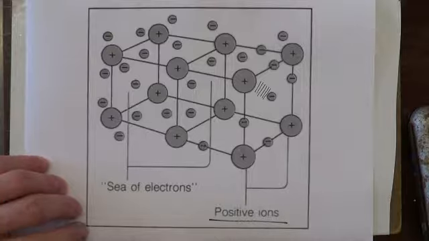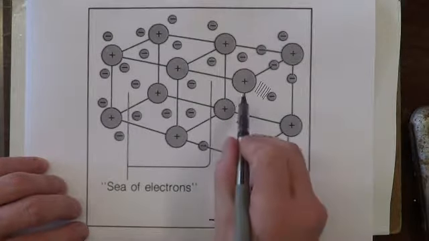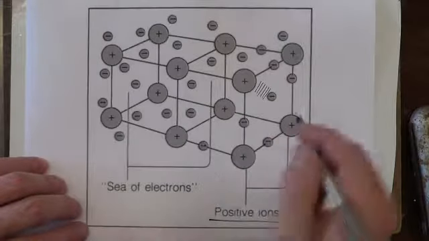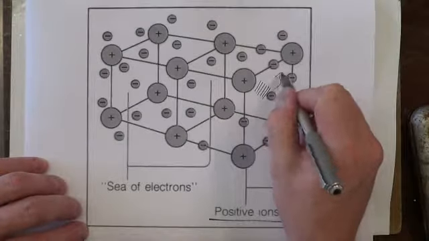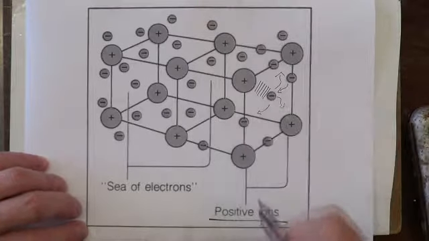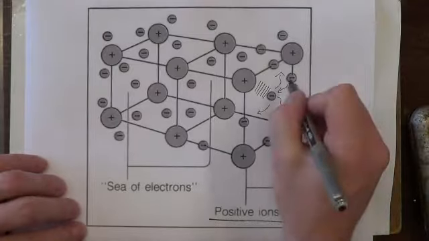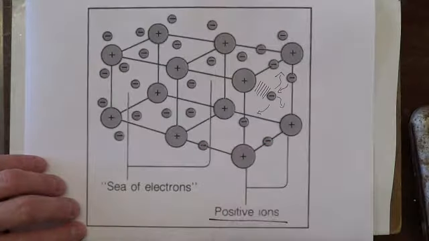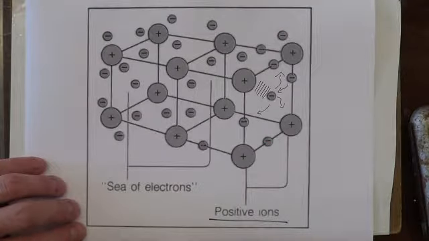Similar to ionic, except in ionic it's a positive ion to a negative ion. Here it's a positive ion to a negative electron. And in this instance the electrons are mobile and able to move in all directions, unlike ionic bonding, where the negative ions were in fixed positions in a solid form.